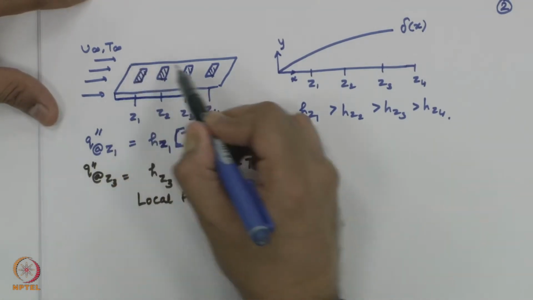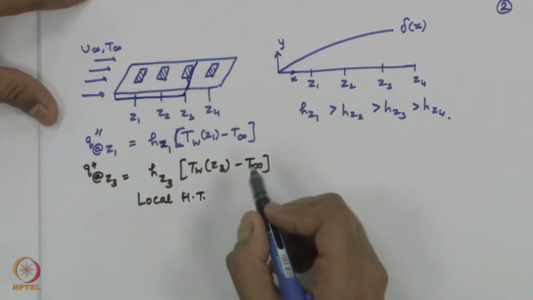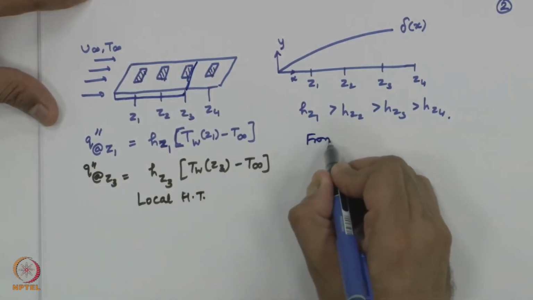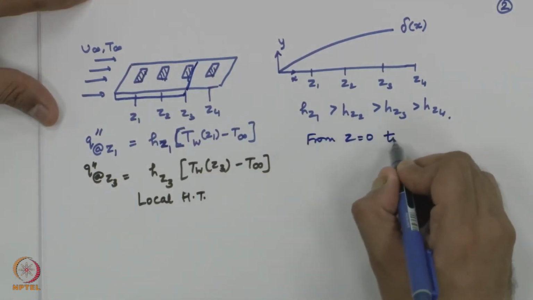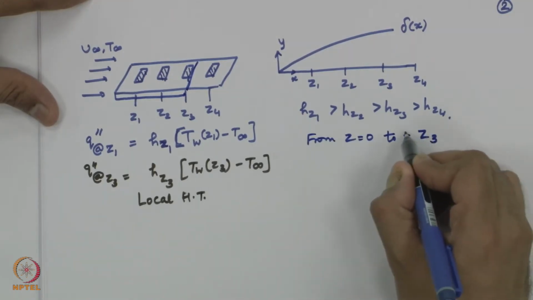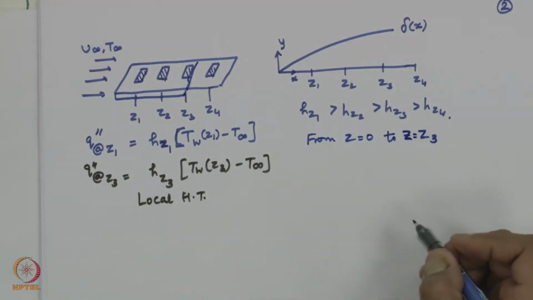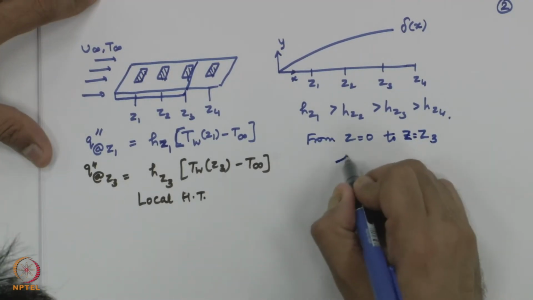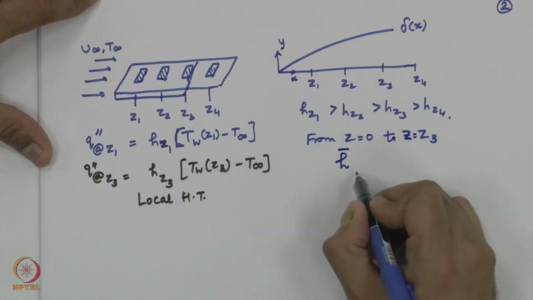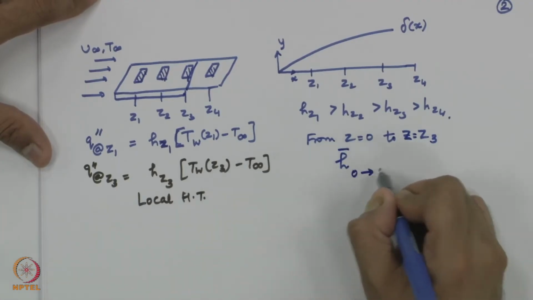Now, if I want to calculate the heat removed from this location to this location, so over the plate from Z equal to 0 to Z equal to Z3, then I have to use h bar between 0 and Z3.